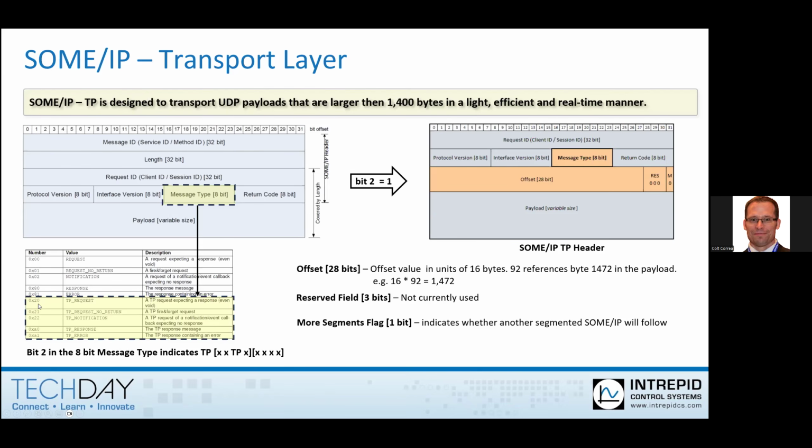That's this 2 to the power of 2. So you'll see that this is TP request. Essentially, we just have a different message type, where we assert bit 2 equals 1. These are just a mirror image of what already exists without the transport layer. This just enables us to see that this is transport layer communication.